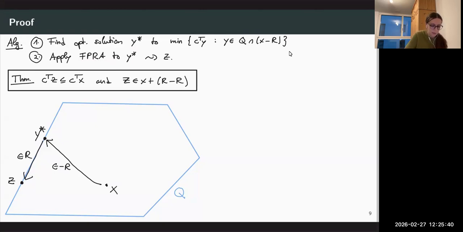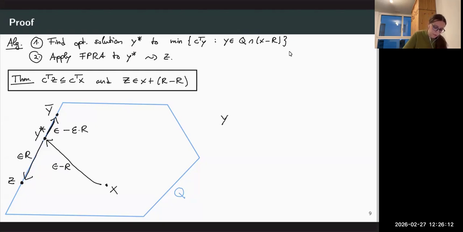And now I can use that this whole thing was phase preserving, and I know that if I go from y star, not in the direction of z, but in the opposite direction, I can at least take some small step in the other direction. So I can go here in direction minus epsilon, in the opposite direction by an epsilon fraction of what I went in the other direction, and I will stay within the polytope. And I will call this point here y bar.